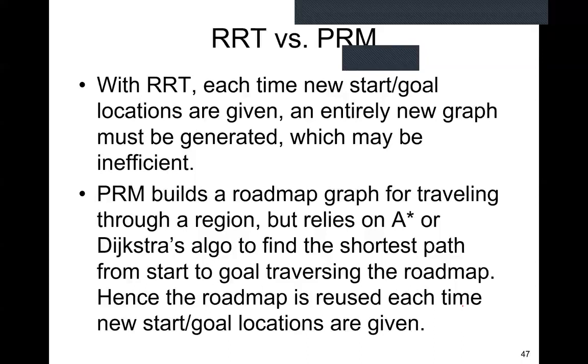Hence, the roadmap is reused each time a new set of start and goal locations are given. So if you're constantly replanning to a new location, then PRM is more efficient.